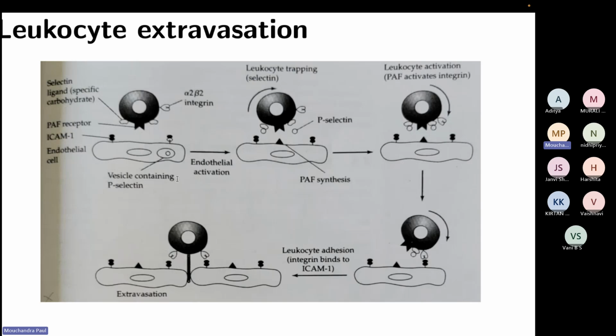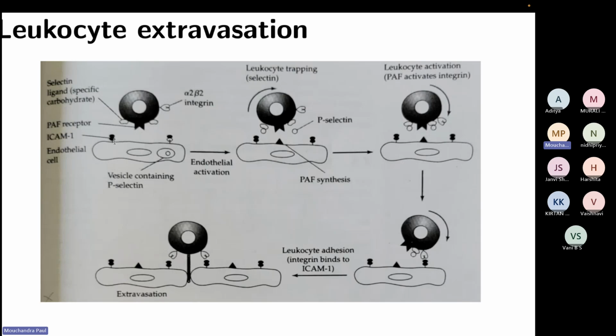Nearby, this leukocyte has an integrin receptor, the alpha 2 beta 2 integrin receptor. It also has a PAF receptor, a platelet activating factor receptor, and some carbohydrate-based ligands. So these membrane-bound receptors are there in the leukocyte.